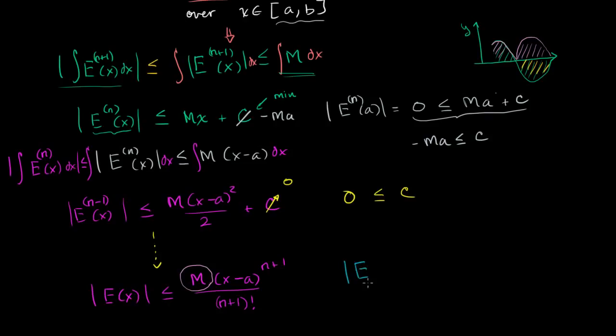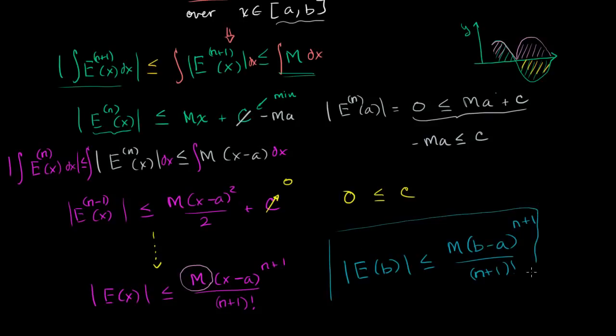We can say the error function at b is going to be less than or equal to m times (b minus a) to the n plus 1th power over n plus 1 factorial. So that gets us a really powerful result, kind of the math behind it. Now we can show some examples where this could actually be applied.